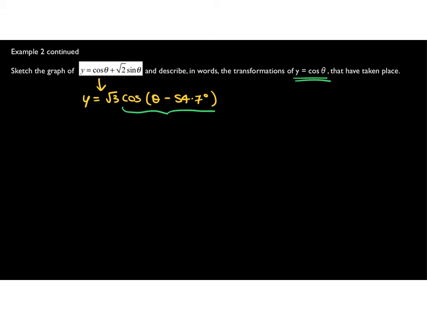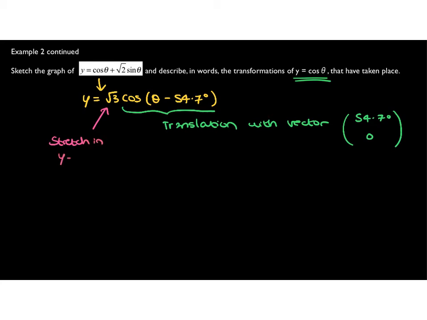Well, this part here represents a translation with a vector of 54.7 degrees and 0 units up or down. So 54.7 degrees to the right. And this part here, the root 3, represents a stretch in the y direction, or parallel to the y-axis, with a scale factor of root 3.